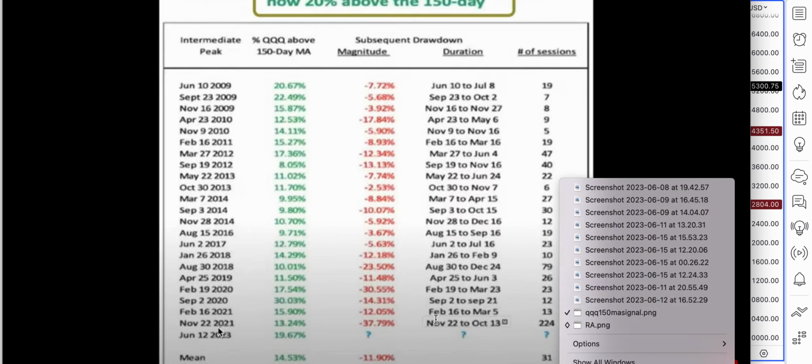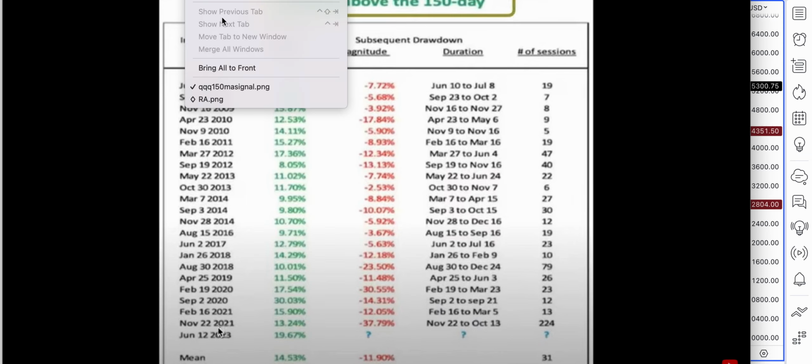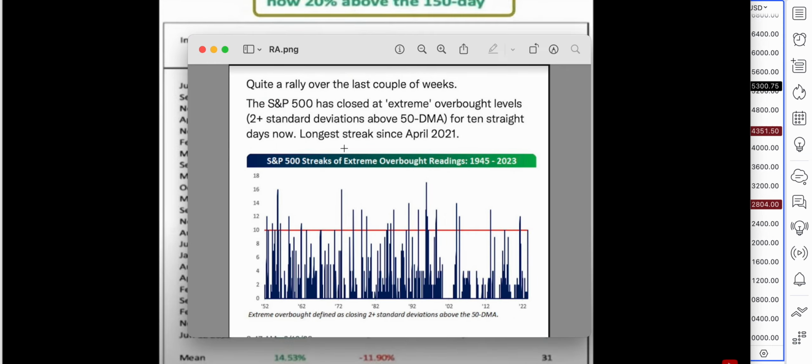Another statistic that I wanted to point out was this one. This is a chart that says S&P 500 streaks of extreme overbought readings, since 1945 to 2023. So they go back a lot in time, and what they're saying is that after quite a rally over the last couple of weeks, the S&P 500 has closed at extreme overbought levels, plus 2 standard deviations above the 50-day moving average, for 10 straight days now, the longest streak since April 2021.